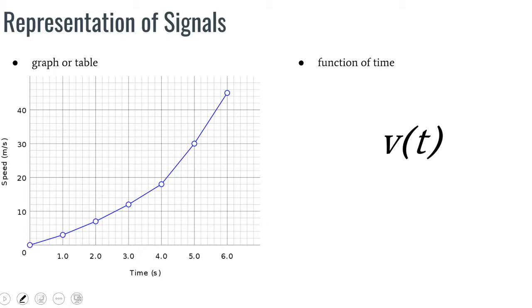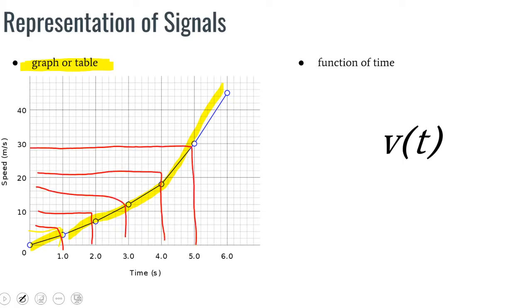So generally, when we talk about signals, there are a few ways they can be represented. One of the simpler ways is using a graph or a table. We may plot them as points in a graph, or we may take these coordinates and have them as a set of data points in a table.